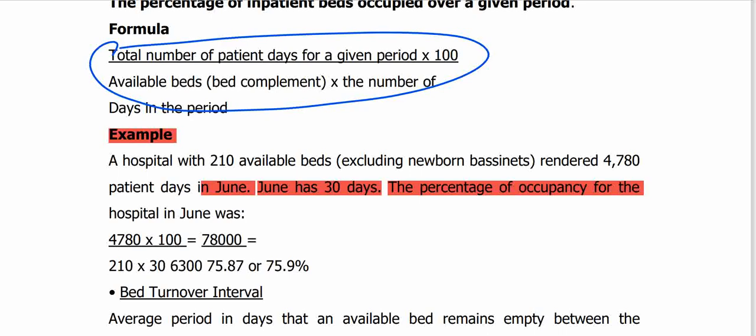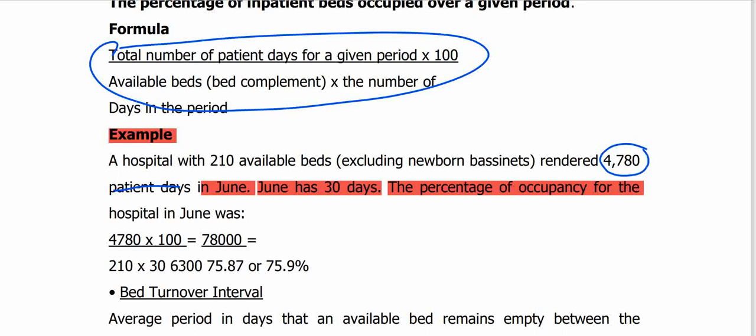The formula says the total number of patient days for a given period of time. So what's the total number of patient days? We said it rendered 4,780 patient days.